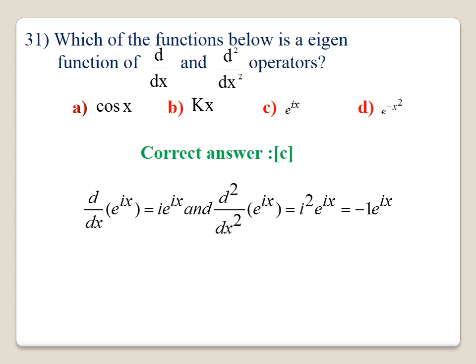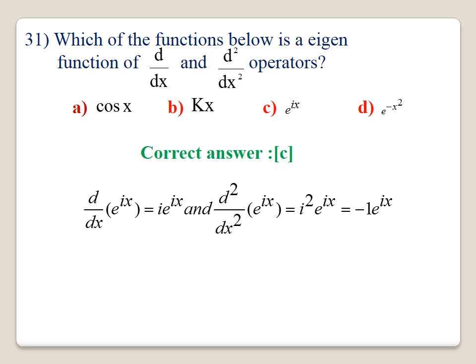It is not an eigenfunction of the operator d by dx. Similarly, kx is not an eigenfunction of d by dx or d square by dx square. And e power of minus x square is also not an eigenfunction for the two operators. Therefore, only e power ikx is the eigenfunction for the two operators d by dx and d square by dx square.